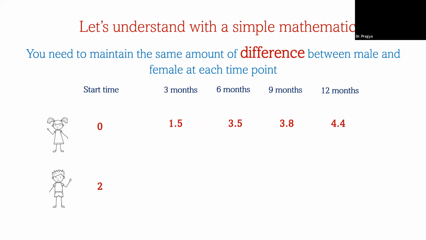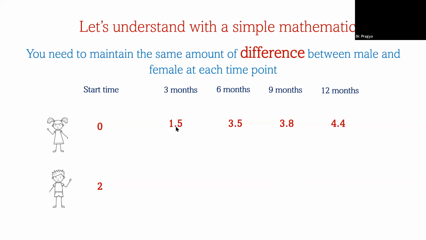So let's understand this with a simple mathematical calculation. What do we understand by this proportional hazard assumption? In this picture, this is a male and this is a female. At the start time the value of the outcome variable, let's say, is 0 for one and 2 for the other.